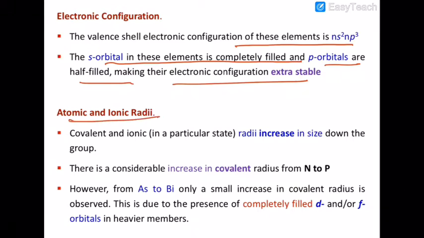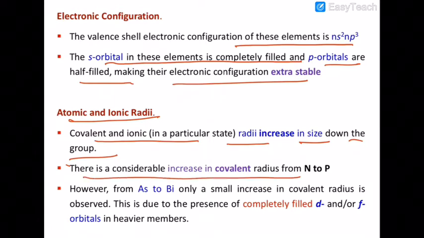Atomic and anionic radii, covalent and ionic radii increase as we move down the group because of the addition of new quantum shells. So there is an increase in atomic size from nitrogen to phosphorus, phosphorus to arsenic, arsenic to antimony. However, from arsenic to bismuth only a very small increase happens.